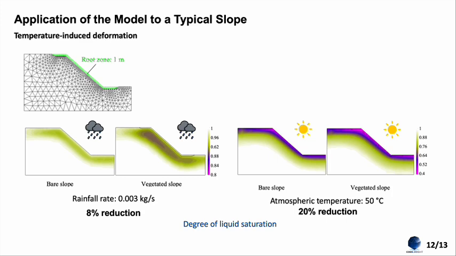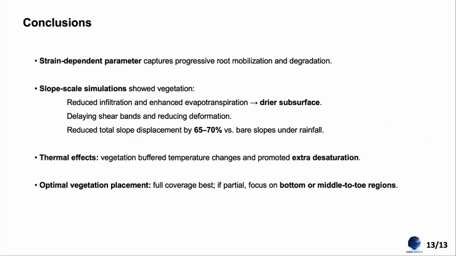But for rainfall cycles in the peak rainfall condition, for the vegetated slope we have an 8% reduction in saturation degree. These results show how vegetation has an effect on saturation degree and the limitation of the saturation in vegetated and unvegetated slopes.